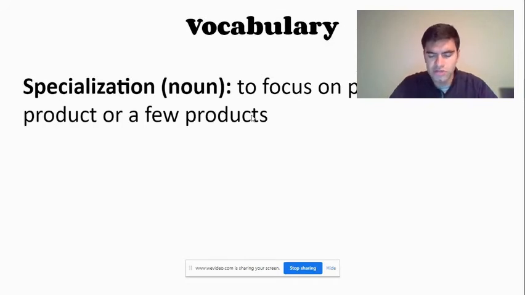So how do regions decide what they specialize in? Well, they take into consideration the resources that they have available to them in their immediate area. So, for instance, it makes a lot of sense for a region like New England to specialize in shipbuilding. Why is that? Because they have a lot of deep harbors, they have a lot of trees available to them.